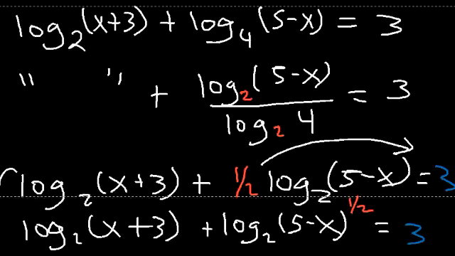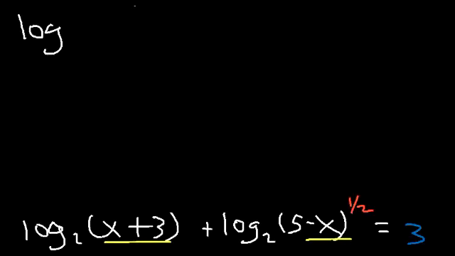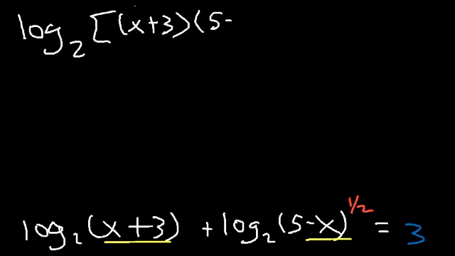So now, we can combine it into a single log. To do that, we need to multiply these two terms. So we have log base 2 of (x plus 3) times (5 minus x) raised to the 1/2, and that's equal to 3.